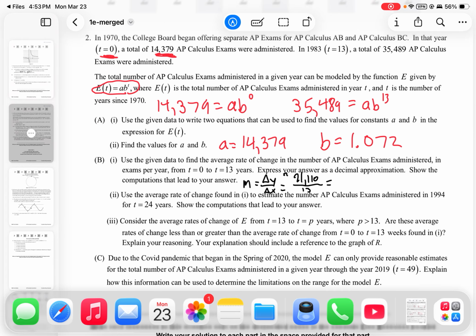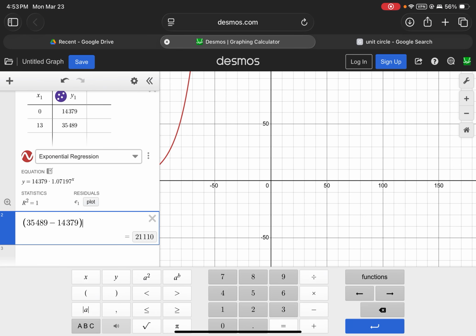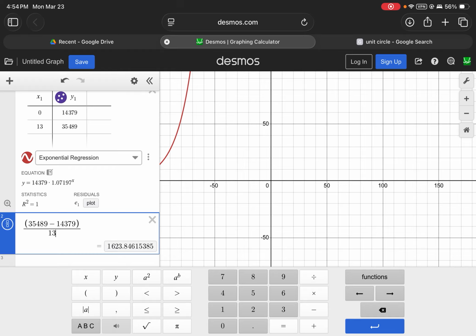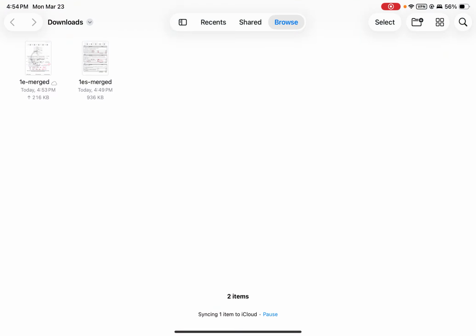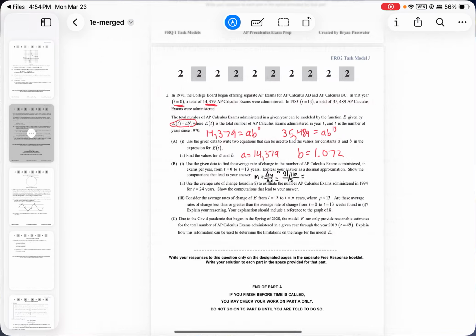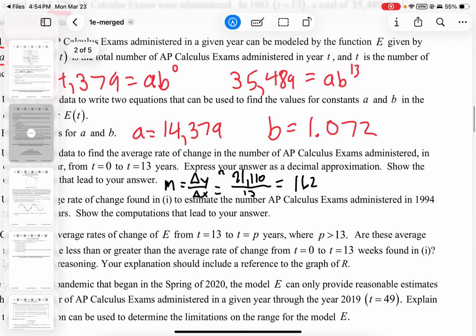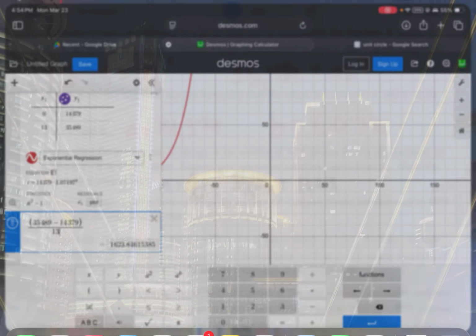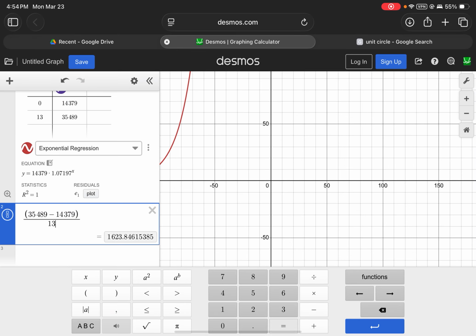Obviously, I could have done this all in Desmos in one step, but it says show the computations that led to your answer. So I'd better show the computations that led to my answer. So what I'm going to do with that number, I'm going to divide it by 13, and I get 1623.846.